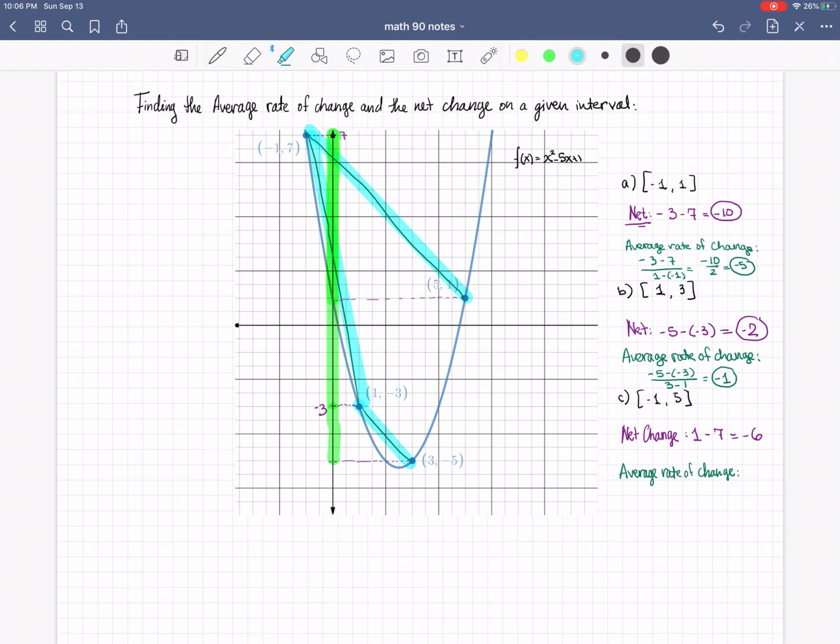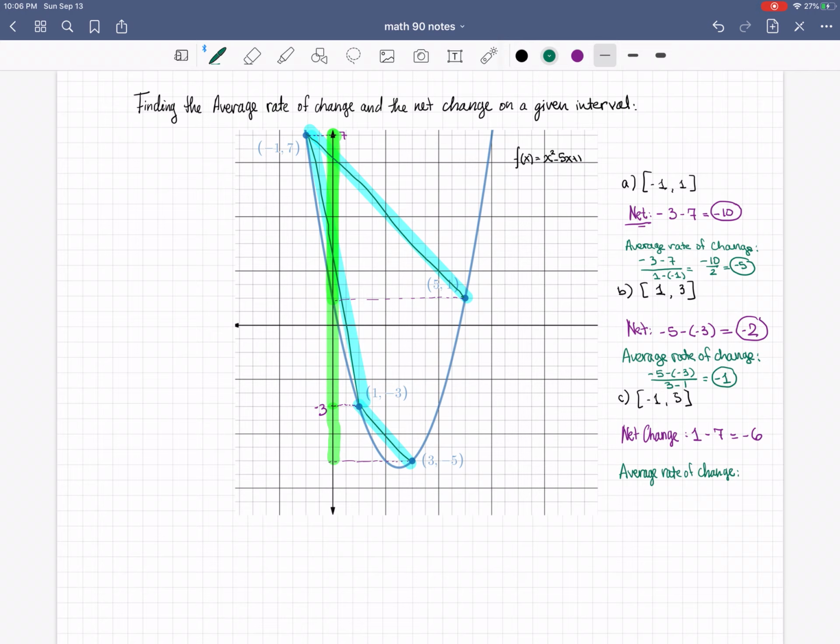It's trending downward, but it's not trending down as steeply as it was from -1 to 1. In fact, if you pay real close attention to making a really good picture, you might even notice that these 2 lines, this one and this one, they're parallel, right? So if you remember a little bit about your lines, you'll remember that 2 lines are parallel if they have the same slope.